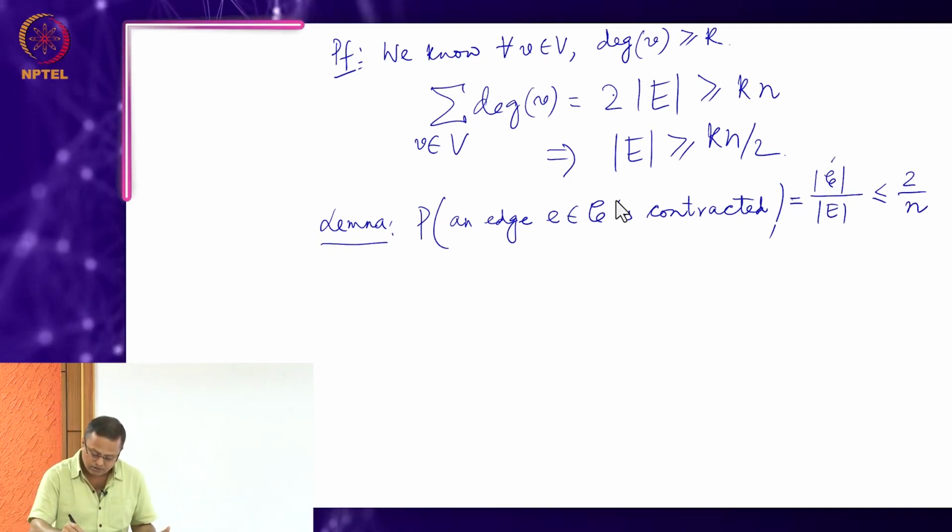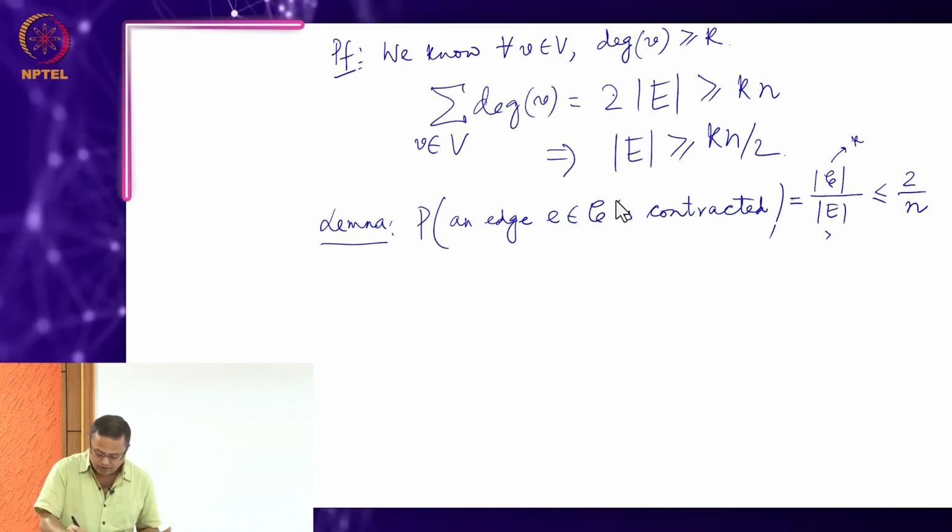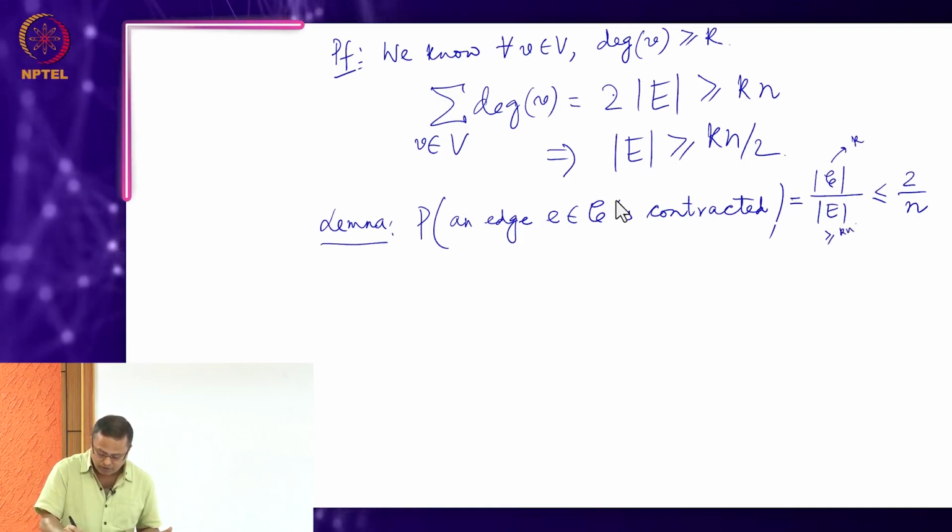Because this is k and this is greater than or equal to kn by 2.